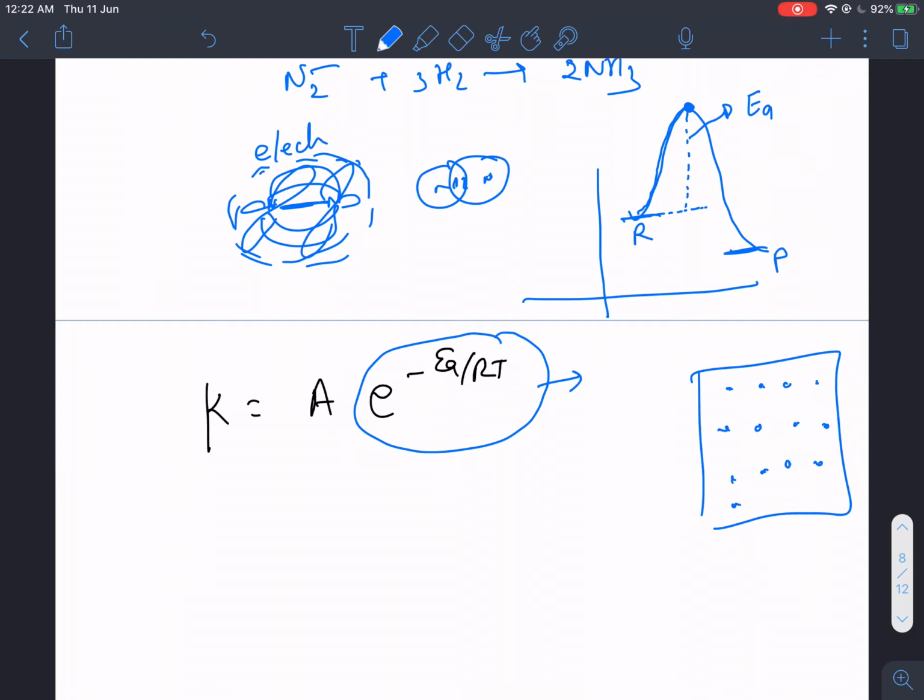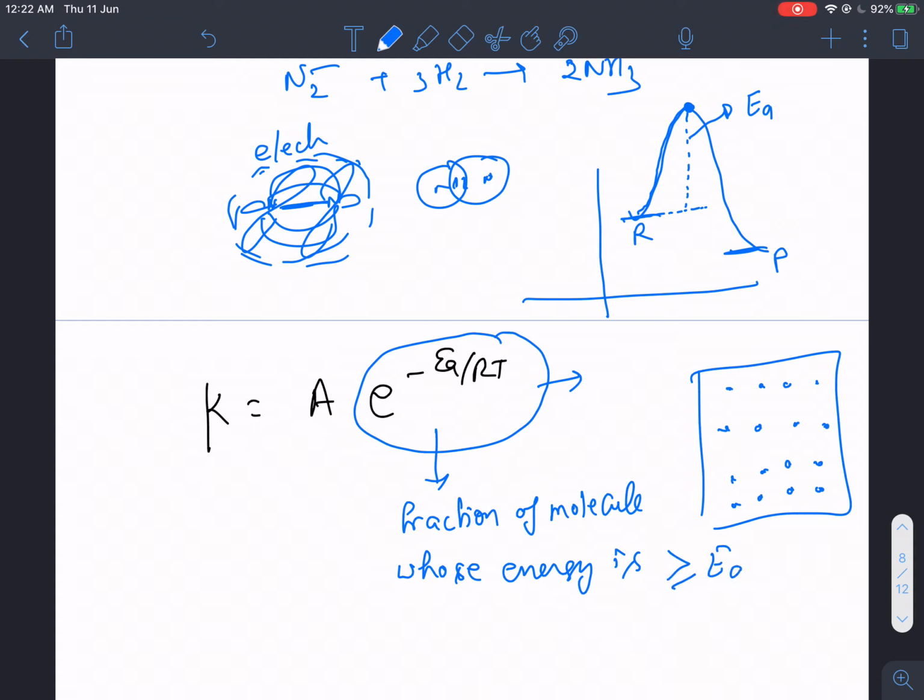Now obviously some will have higher energy, some will have lower energy, right? So this particular thing, e to the power minus EA by RT, tells about the fraction of molecules whose kinetic energy or whose energy is greater than or equal to EA.